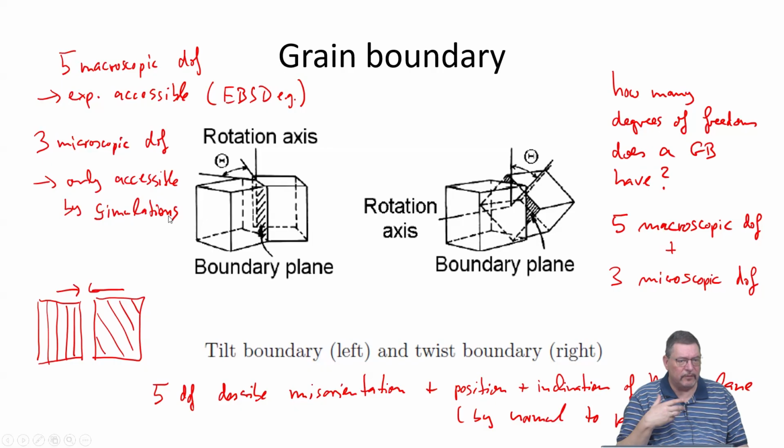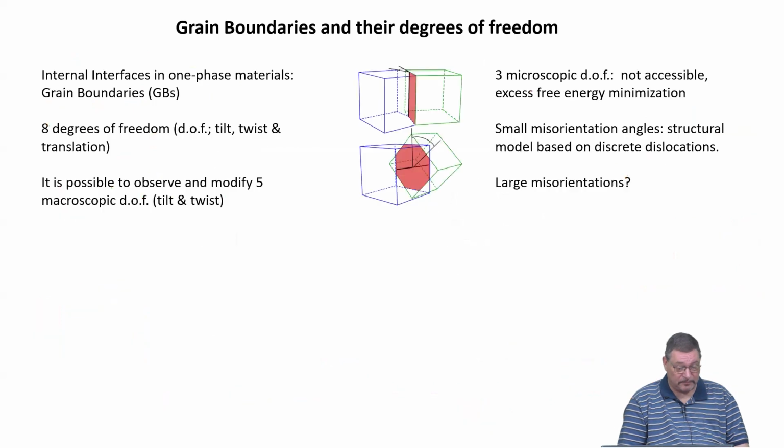So this local shuffling, the local relaxations, are really atom by atom types of processes, and we cannot have an experimental view on these processes. And also we cannot control it. Nature does it according to the 5 degrees of freedom and the local misfit, local distribution of excess volume, and so on. We will see later on an indication that these 3 microscopic degrees of freedom are still very important.